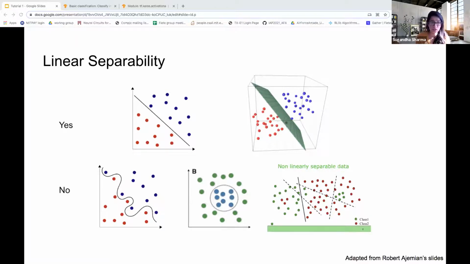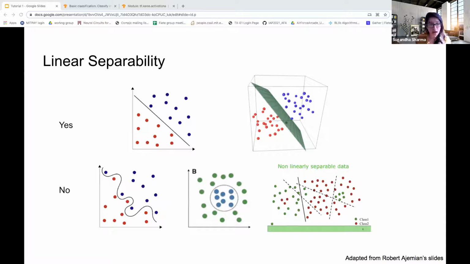Similarly, in an n-dimensional space, in this case 3-dimensional space, if you can find an n-1 dimensional plane, in this case a 2D plane, that can separate these points, then these classes are said to be linearly separable.